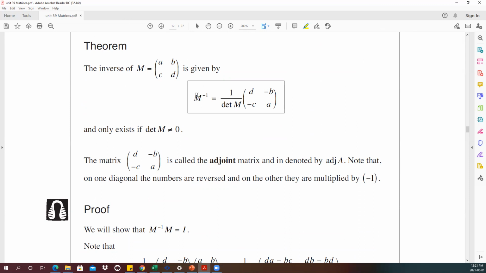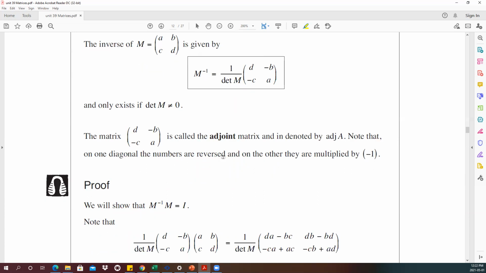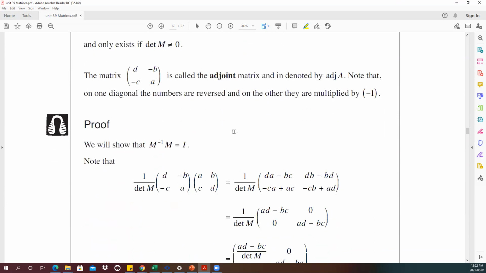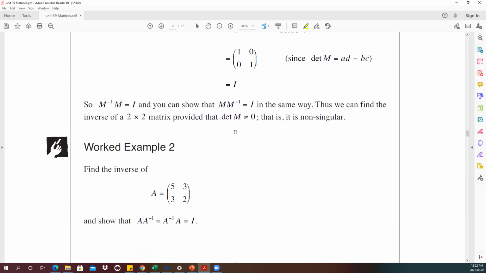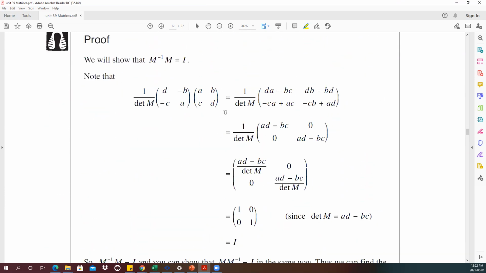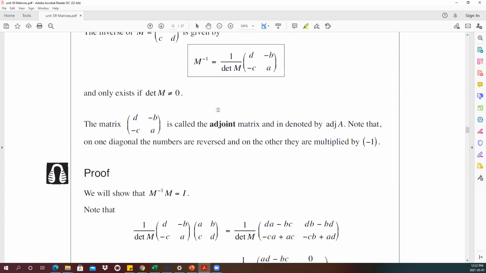The inverse is given by 1 over the determinant of the original matrix, and then you move around the elements: you switch the places of A and D, and put minus signs on elements B and C. Hopefully there is an example at the bottom, so it will become much clearer.